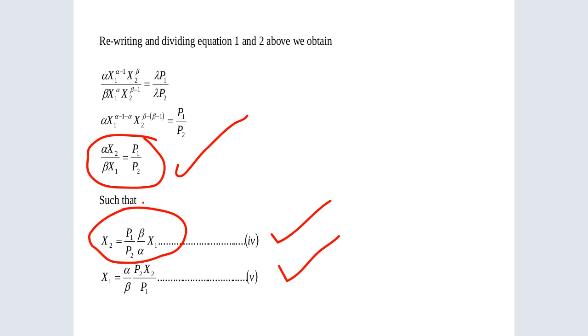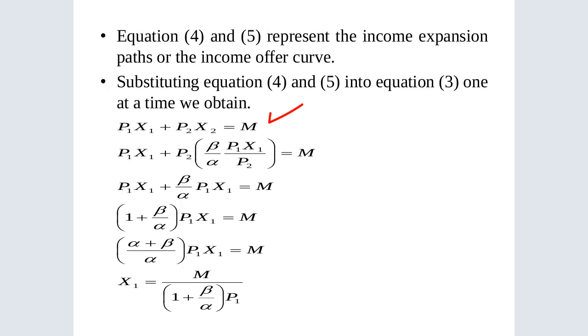So we can replace this in the budget constraint here, and then find the optimal bundle for commodity 1, which is x1. So this one will cancel this, and then you find this is what you'll have.